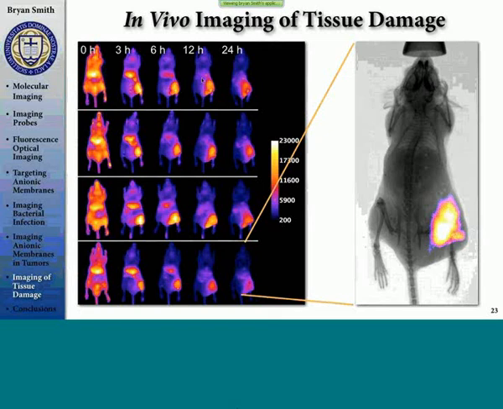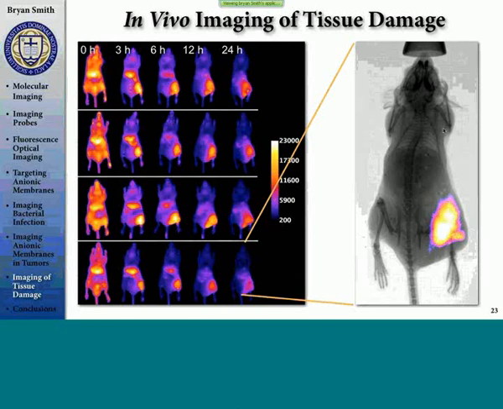And the beauty of the multispectral in vivo FX is that you can then take your fluorescence image and overlay it onto an X-ray, so you can get the exact anatomical location of the disease process that you're trying to target.